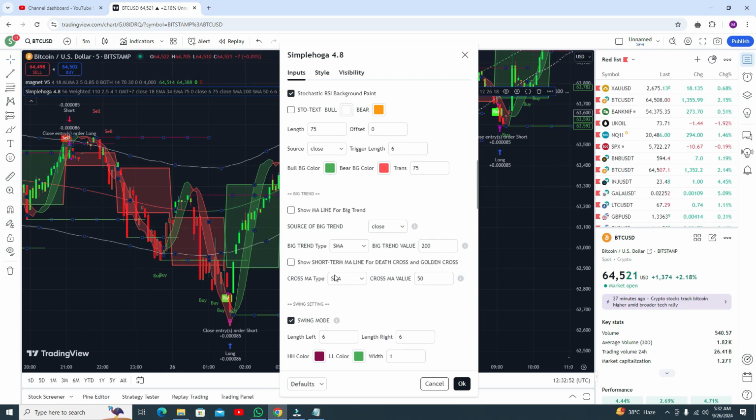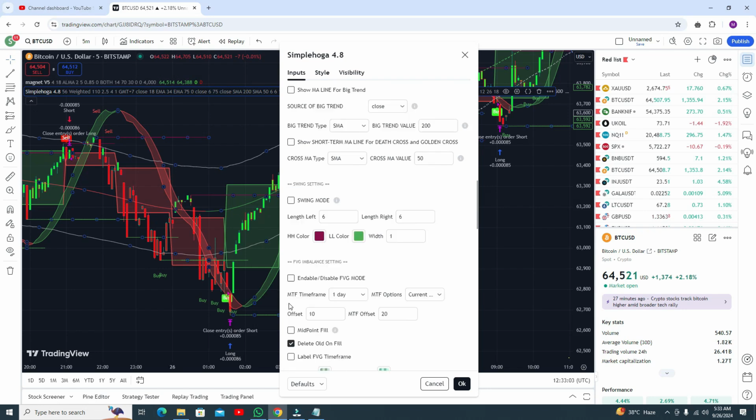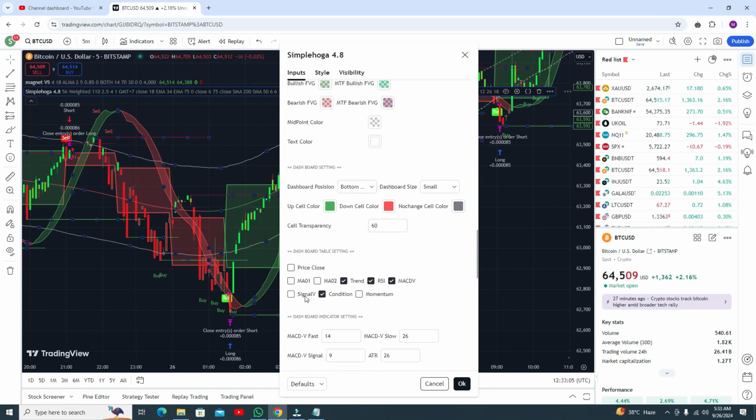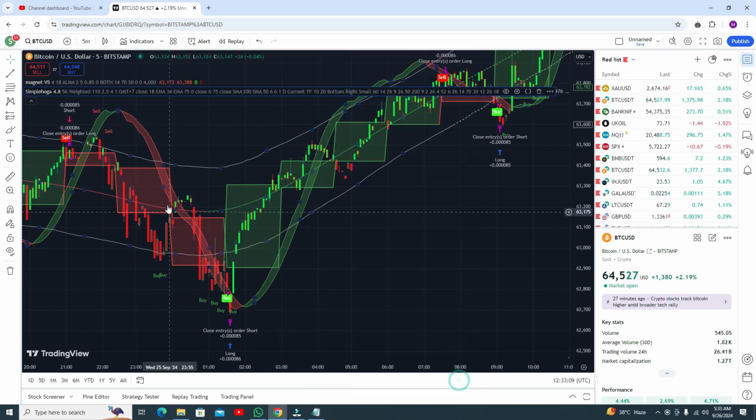If you need, you can check the value, but the recommended value is 250, but we do not need this right now. And uncheck this swing mode, and there are a lot of options here. We just need the chart to stay simple, so it will be more effective.